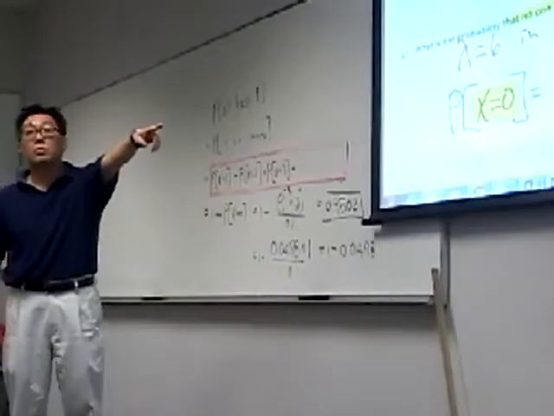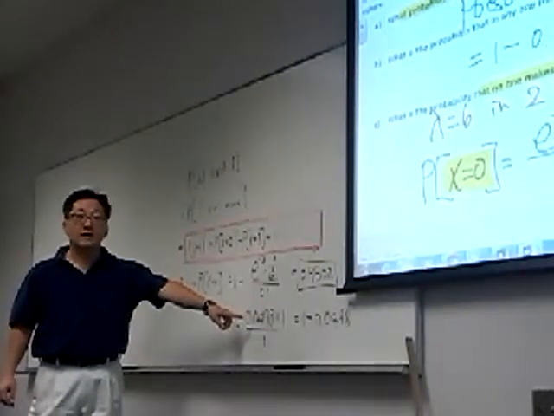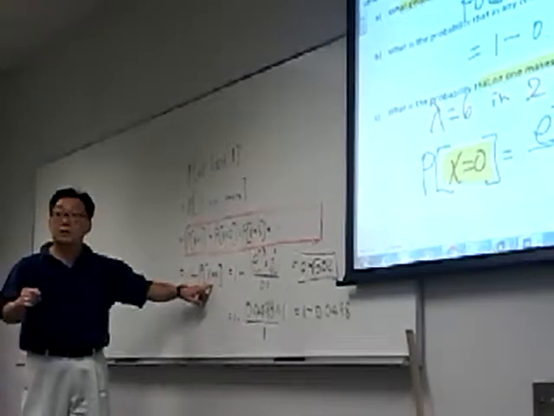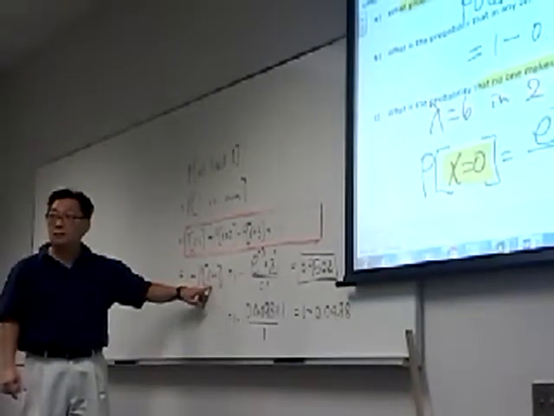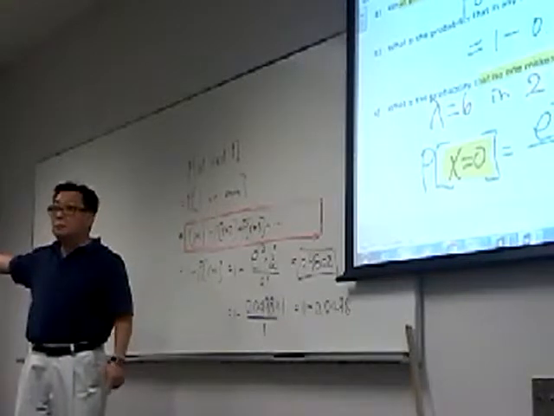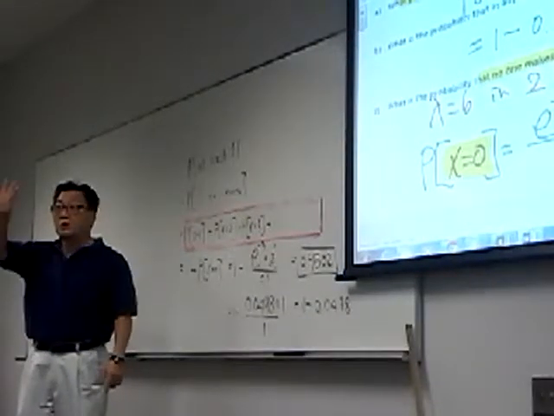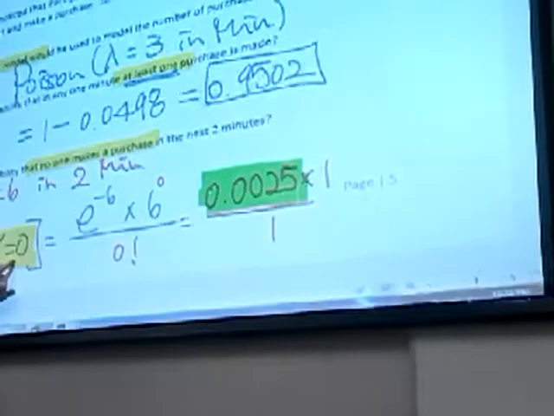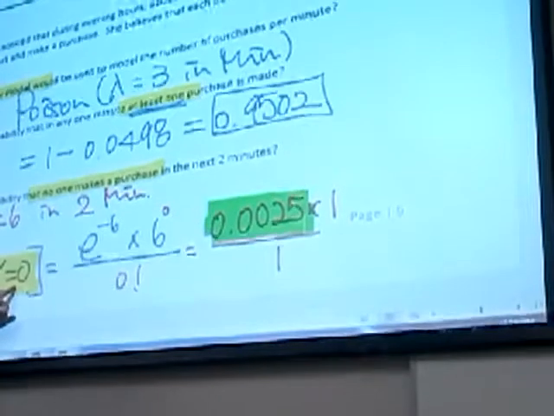Why is it much smaller? 0.0025. Who was this? 0.0498: no customer in 1 minute. We had usually 3 customers in 1 minute. Who is this? 0.0025: no customers in 2 minutes.